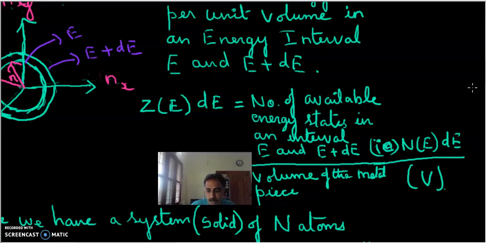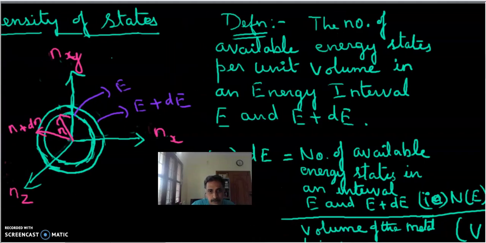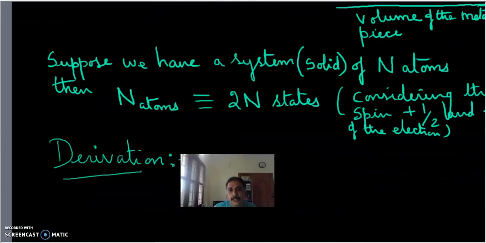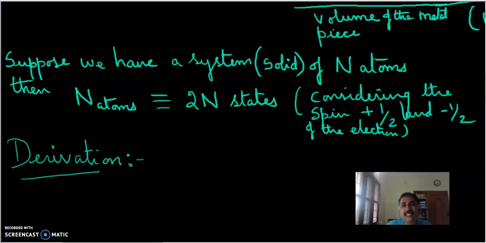Okay, so this is our definition. Now suppose we have a solid made up of capital N atoms, then we would say that there are 2N states for the electrons to occupy.